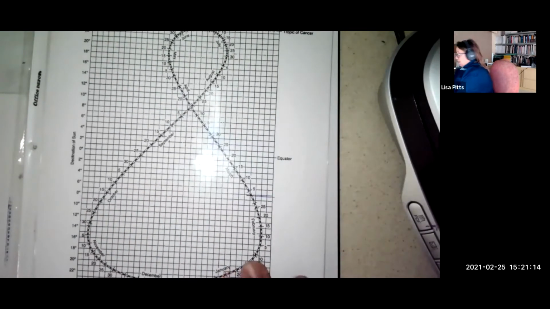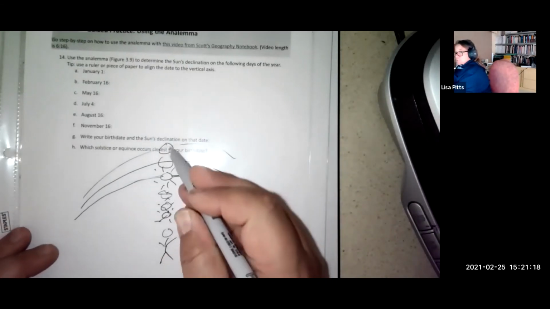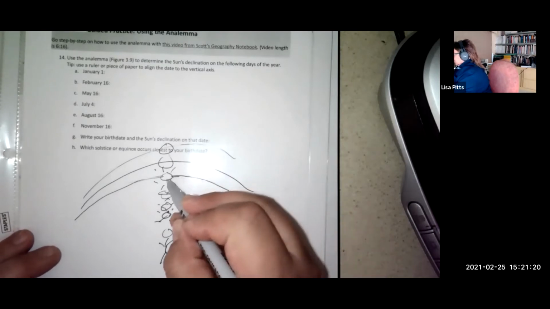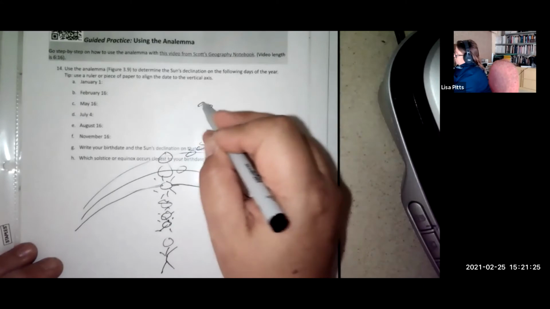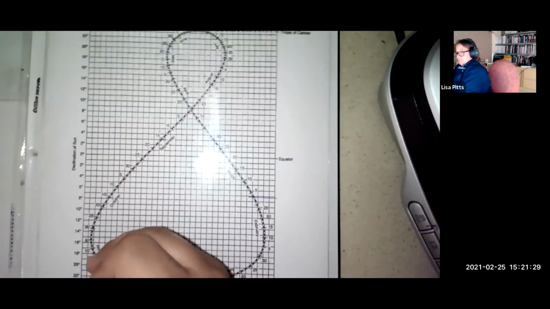So if you were to take a picture, you would actually see that the sun's position isn't always directly over your head. It kind of does this for a while, and then it goes this way, and then it comes this way. And so just imagine these are suns, if you were to take a picture.